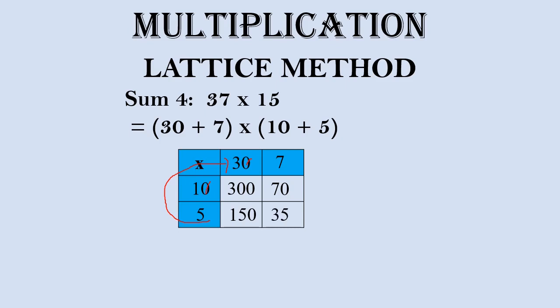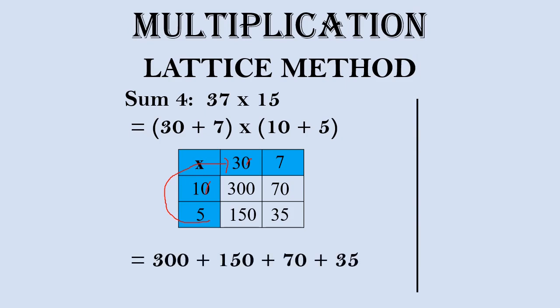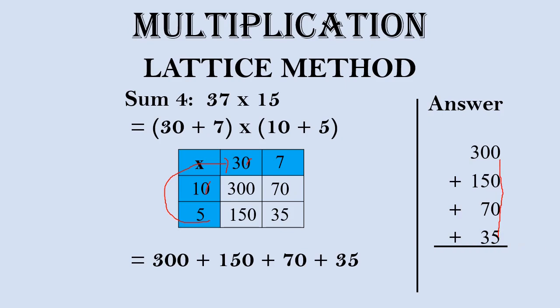Let's add the 4 numbers in the white boxes. 300 plus 150 plus 70 plus 35. Add it in the working column at the side. 5 plus 0 plus 0 plus 0 is 5. 7 and 3 is 10, 10 and 5 is 15.